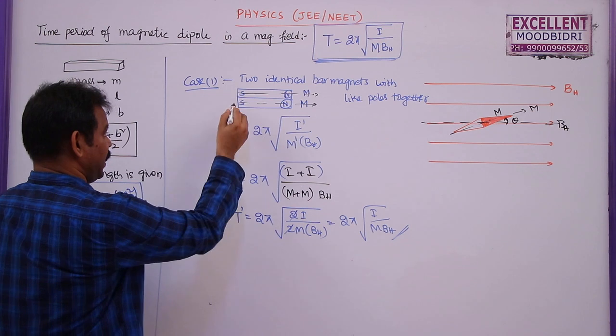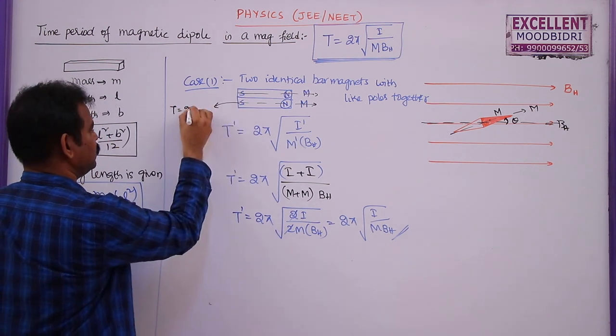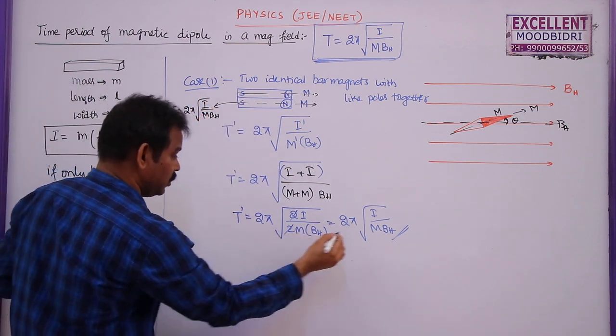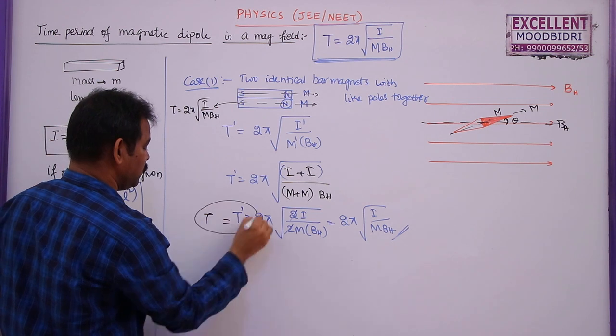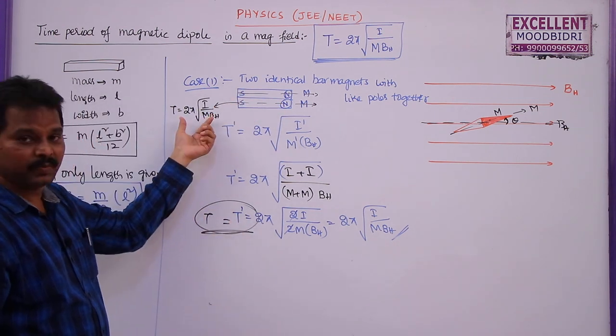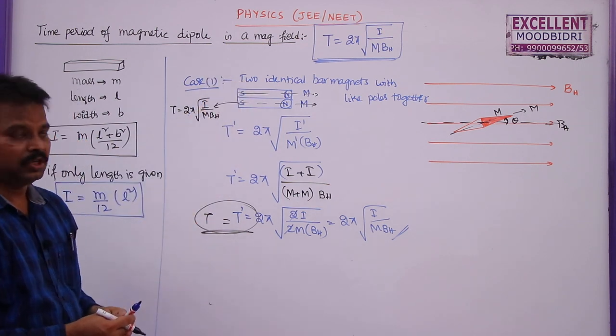If you take the time period for only one bar magnet, it will be 2 pi root I by mbh, so T dash is equal to T only. So in the first position, when a similar bar magnet is placed on this one, the time period remains T only.